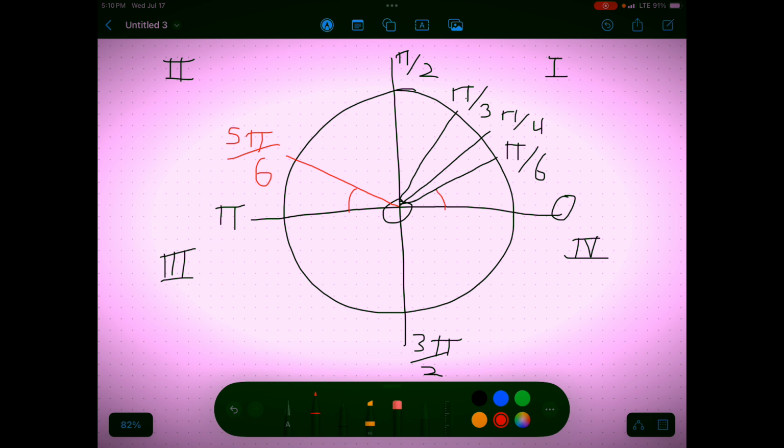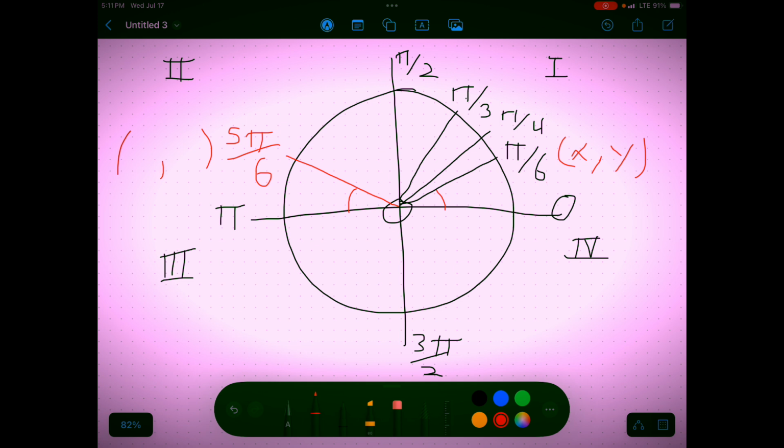The angle between 0 and pi over 6 is the same as the angle between pi and 5 pi over 6. The difference in radians is pi over 6. So whatever my x and y are at pi over 6, I'm going to use the same things over here in my second quadrant.